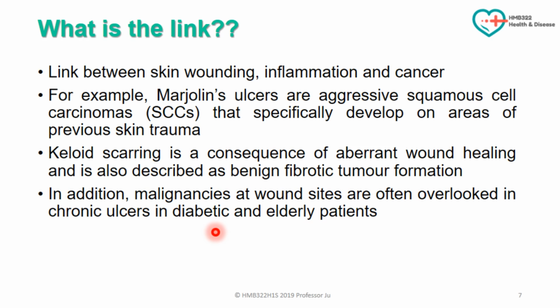So diabetes is a chronic disease. Aging is a chronic disease, if you want to think of it that way. Your skin is getting damaged, and in these individuals that have diabetes or that are aging, they also will have chronic skin diseases that may lead to malignant cancers of the skin.